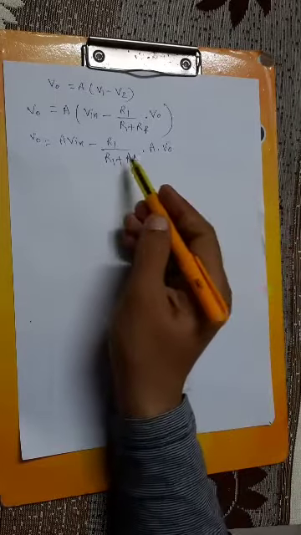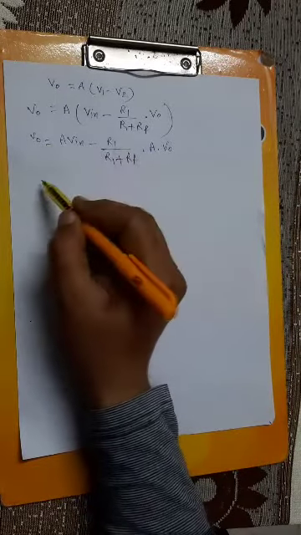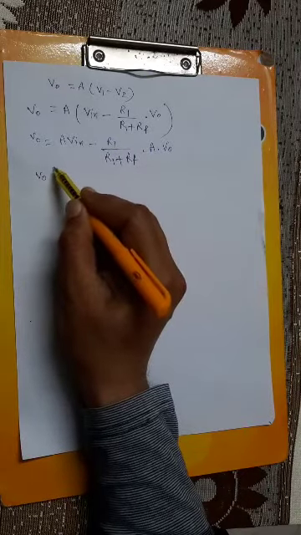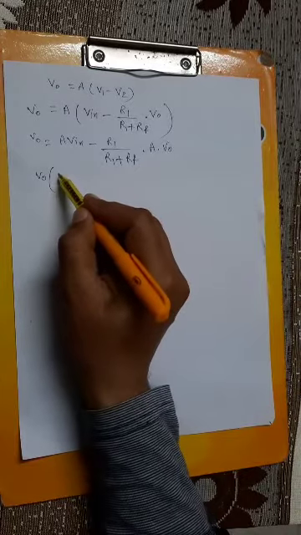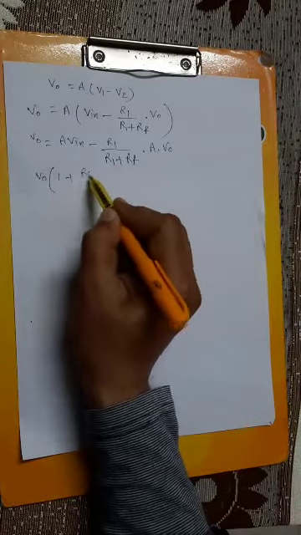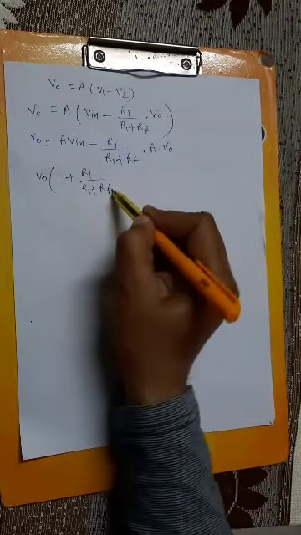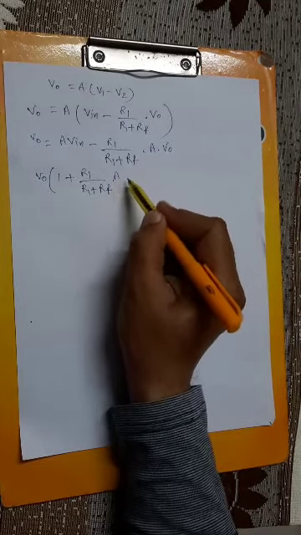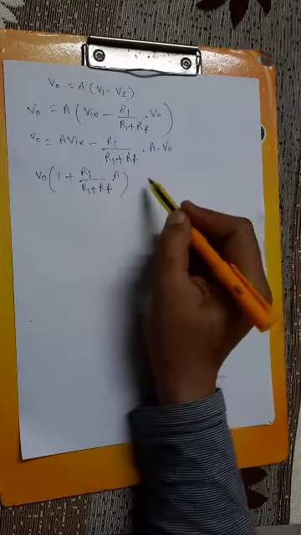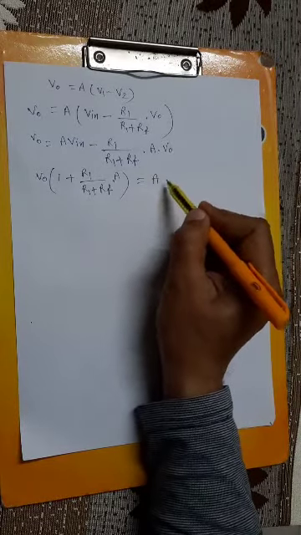Now we combine these two factors, as we want to take V naught common in this way: V naught into (1 plus R1 by R1 plus Rf into A) is equal to A V input.